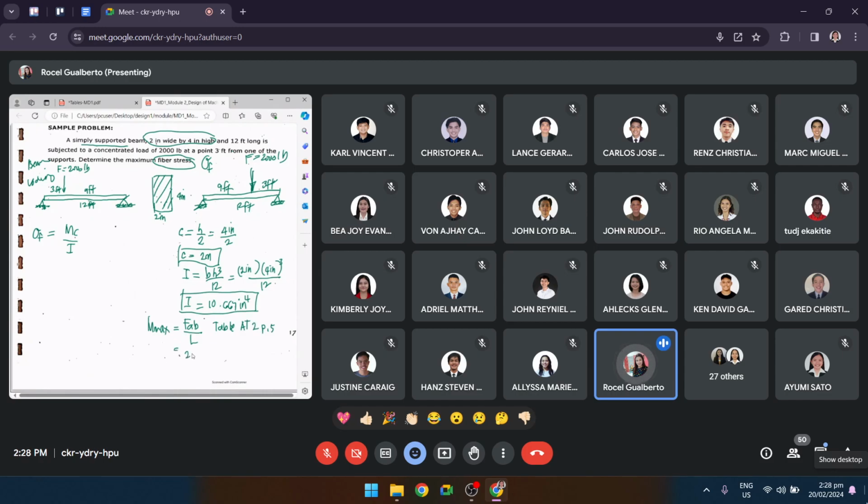Force is 2,000 pounds. A is the distance from the left, so that is 3 feet. B would be the distance of the force from the right, that would be 9 feet, divided by the total length, 12 feet. So what would be the answer? What is M max?